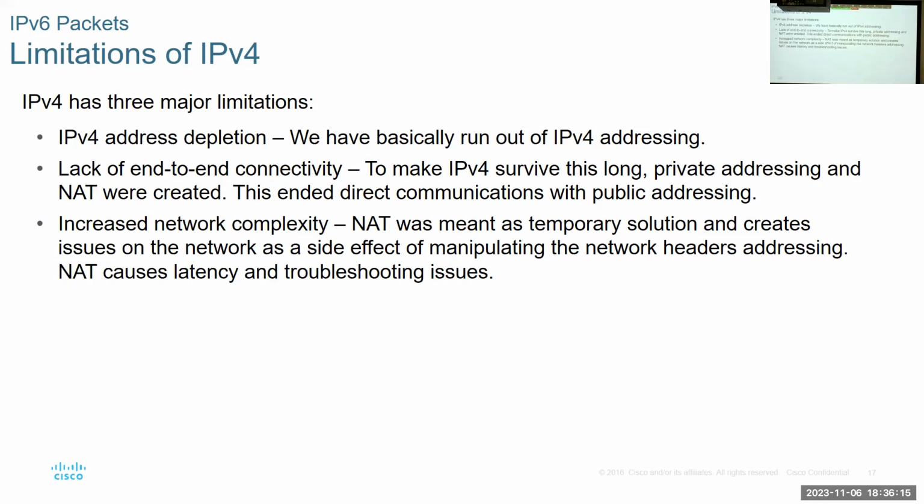So if somebody was doing something nefarious inside the college, it would be difficult, not impossible, but more difficult to find out who is doing that. Now you can check the NAT tables on the routers, but that depends on timeliness because NAT tables don't sit there forever. If there's no communication from a particular device out to the internet after a certain period of time, the NAT table entry gets deleted.